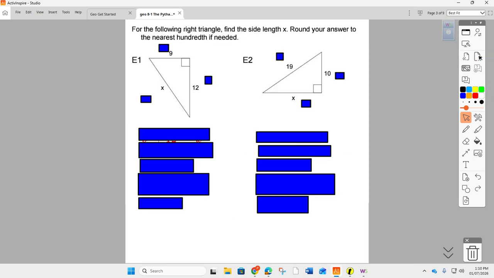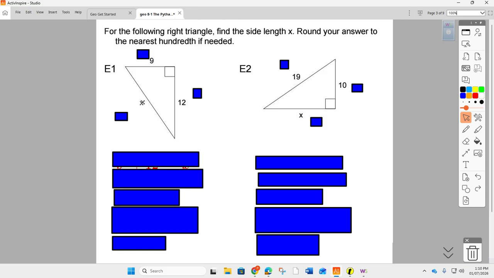All right, so we've got two examples. We're going to use the Pythagorean theorem here to find the length of one of the sides that we don't know. Looking at example 1, the variable length of the side there is x. Is x a leg or a hypotenuse?